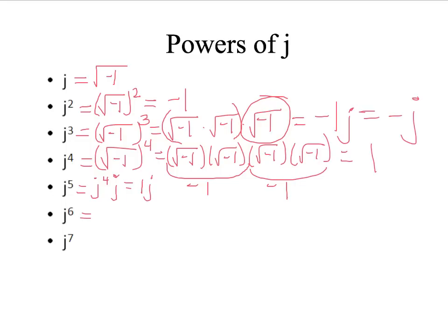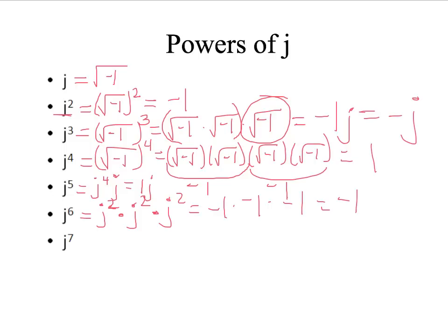J to the sixth power can be written as j squared times j squared times j squared, which is negative 1 times negative 1 times negative 1, which is negative 1.